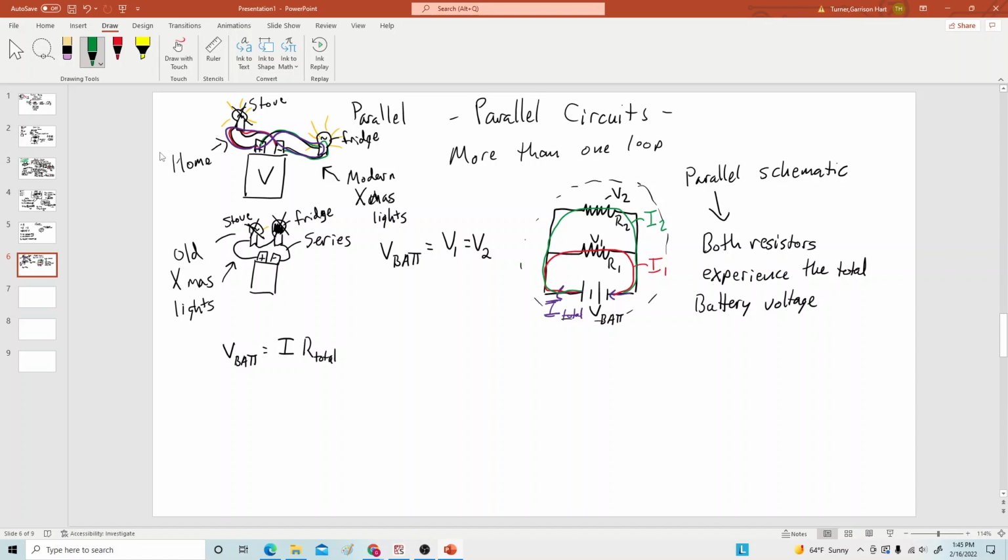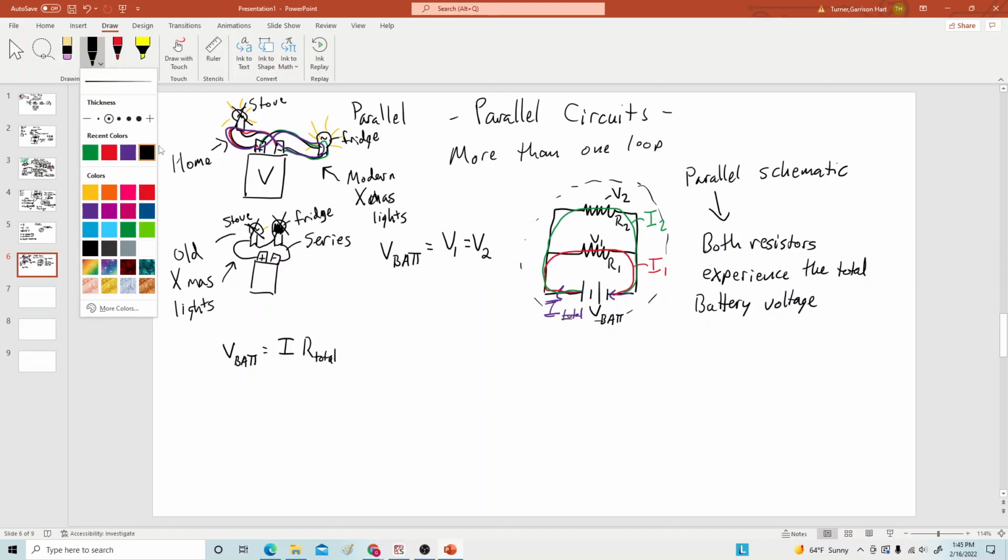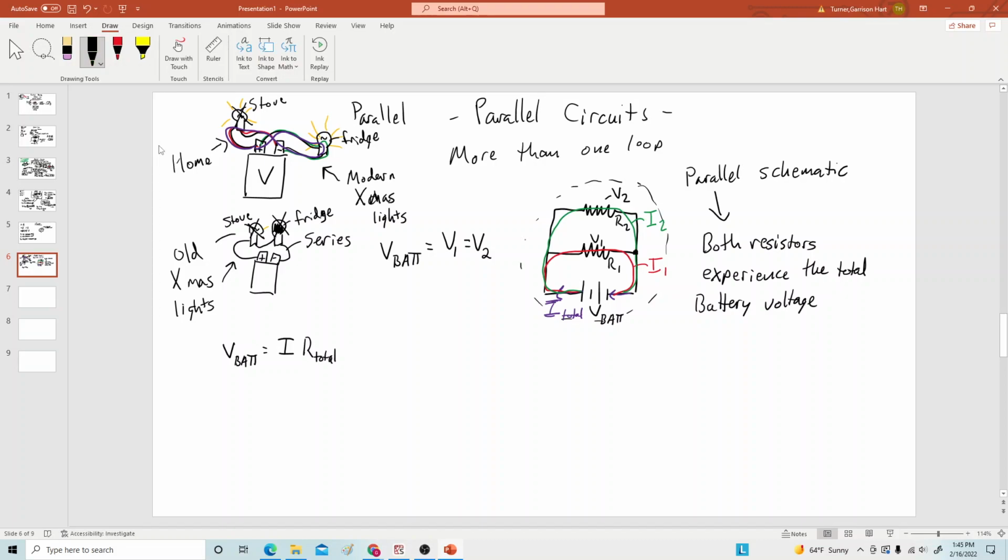And when you see it in this kind of picture, you can kind of see what's happening. The green and the red, when they meet this junction right here, add up to make the purple. And here, when the current leaves the battery, the purple is the combination of the green and the red, and then they split right here.